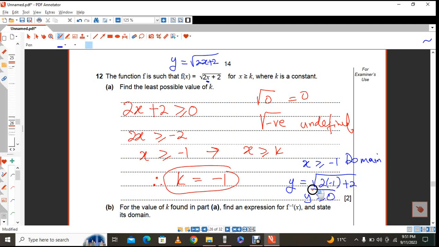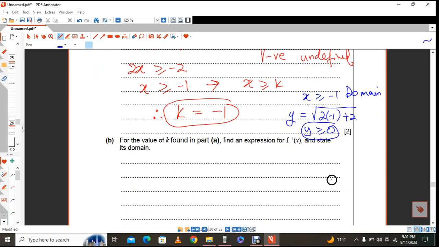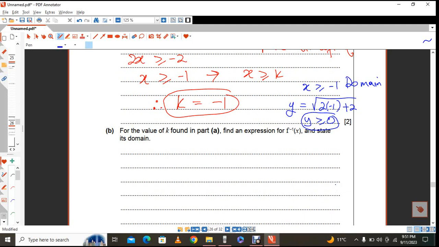So that is whatever my range would be. That is the concept over there, because that is going to be negative 2 plus 2, which is the square root of 0. So my range must be y is greater than or equal to 0. Why is that important? Here they are asking us to find the domain of the inverse. So the domain of the inverse will be equal to the range of the function.